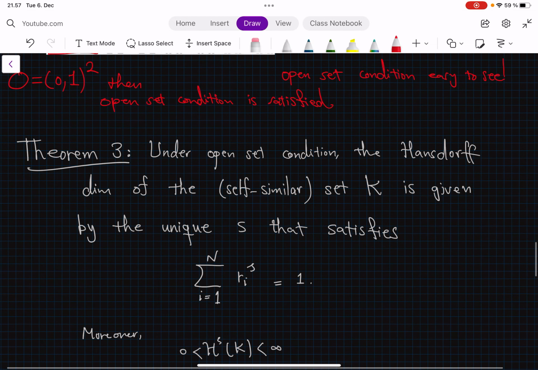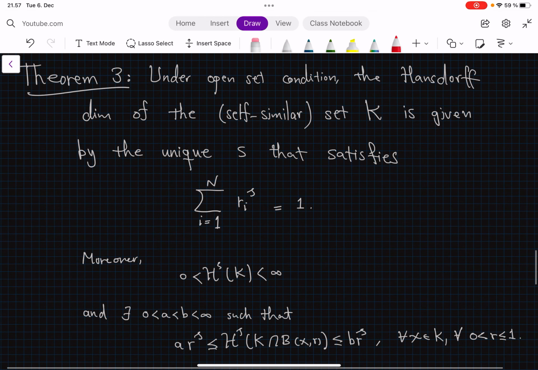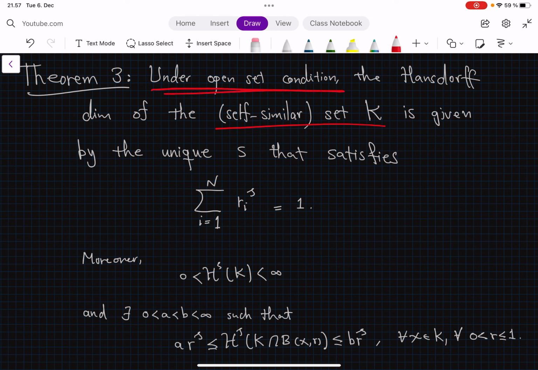Okay, now finally we come to the promise that we will know the Hausdorff dimension of this self-similar invariant set just from knowledge of the similitudes. Under the open set condition, the theorem reads, again due to Hutchinson, the Hausdorff dimension of the self-similar set, necessarily self-similar because the previous theorem gives this, set K that we get from these similitudes is given by this unique real number which satisfies these.